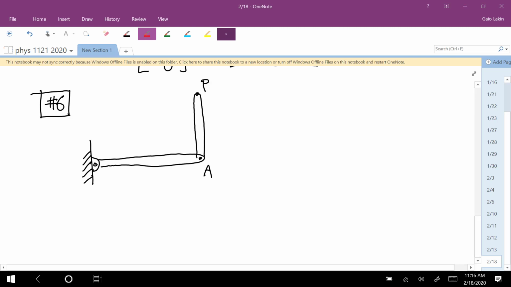And we're given that this has a length of 2, and this has a length of 1 meter.